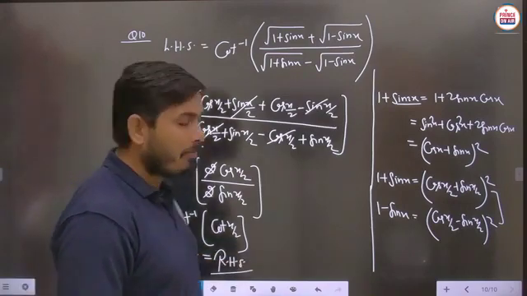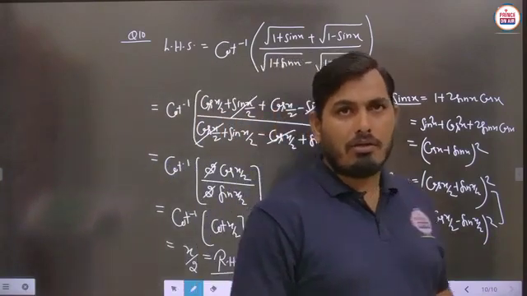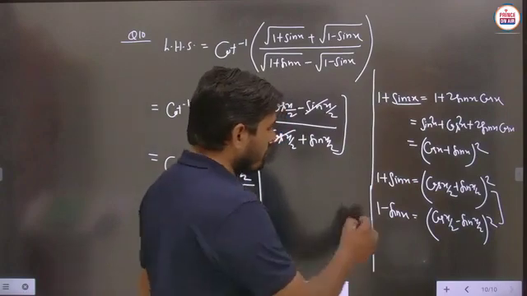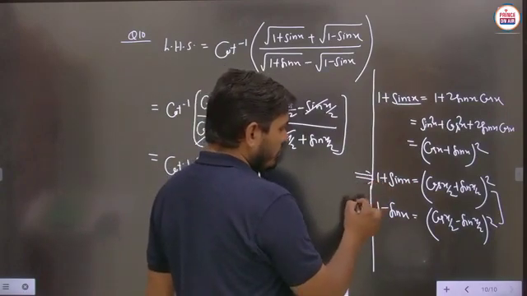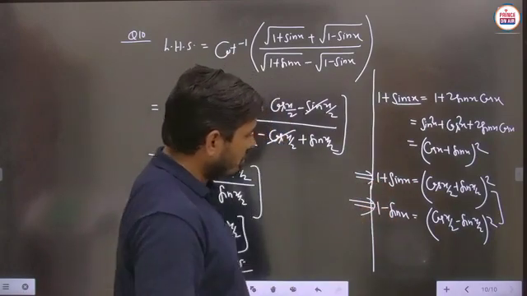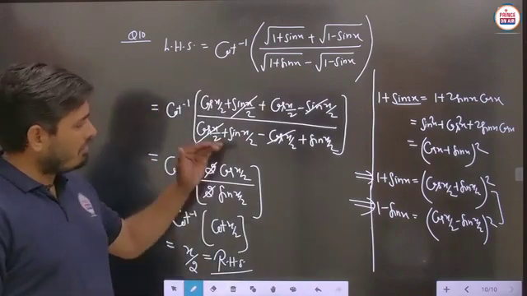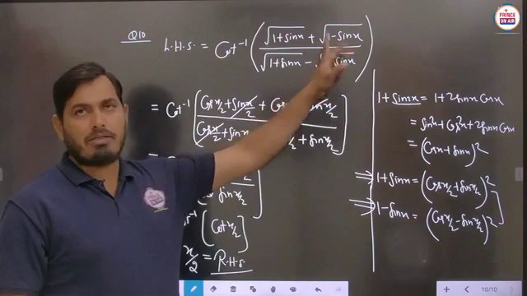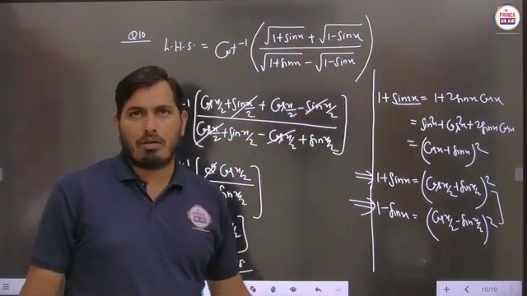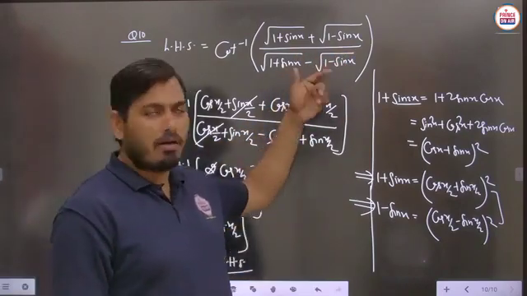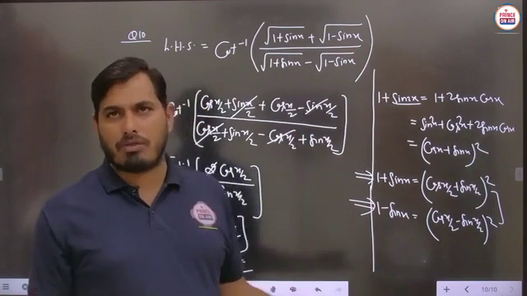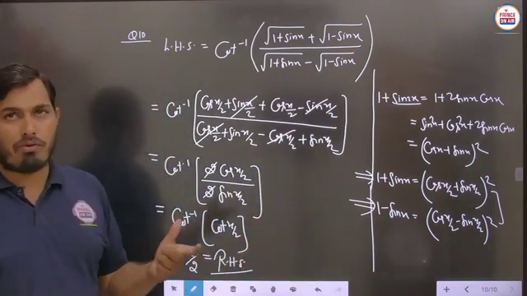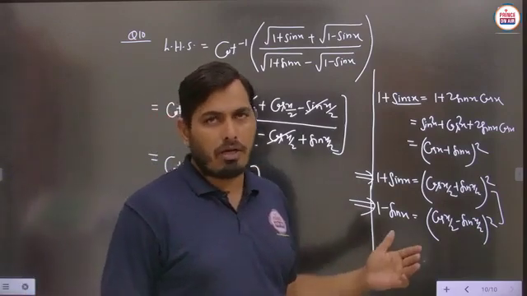Is it clear? In this question number 10, students, the most important part is the formula. If we know these formulas, then definitely you can do the calculation. Otherwise another way to solve this question is rationalization. You have to use rationalization of the denominator part, then you will do the calculation again, where the formula is very important, because without knowing the formula you cannot handle the situation.